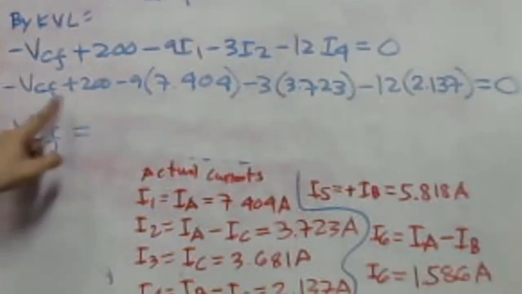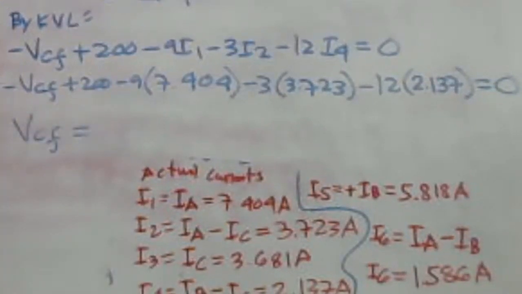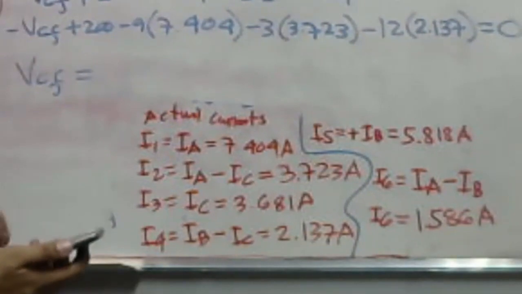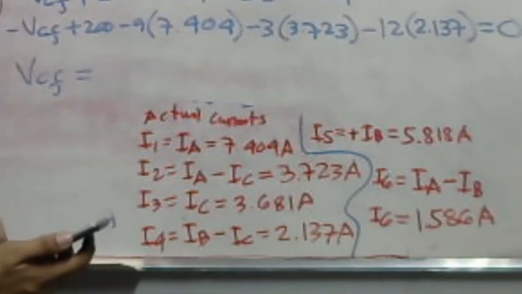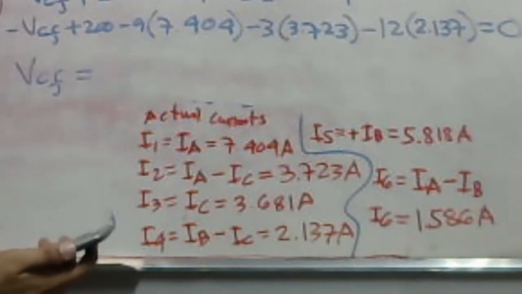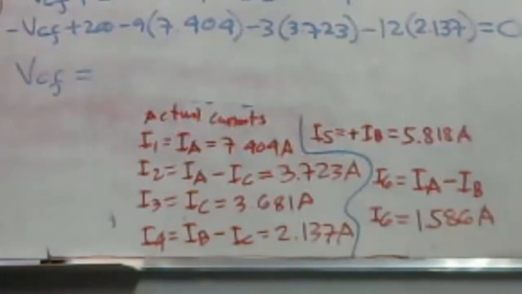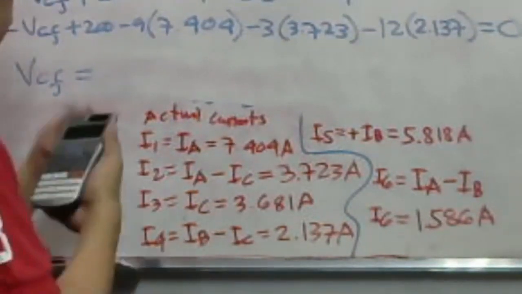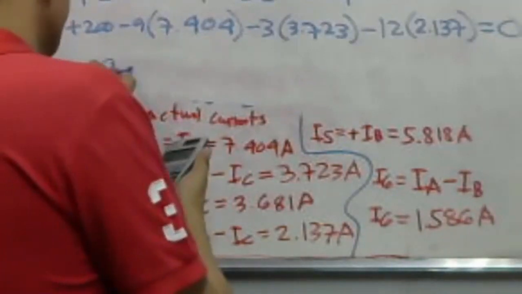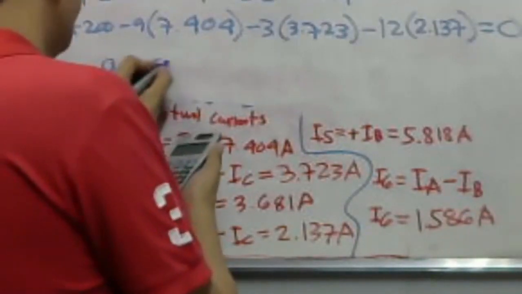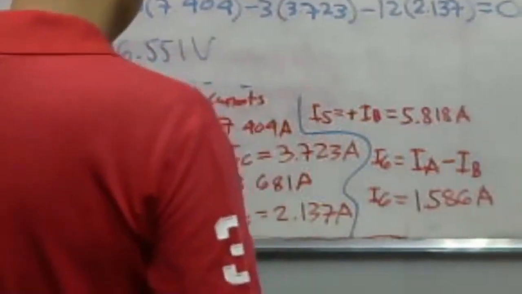Let us input 200 minus 9 times 7.404, then minus 3 times 3.723, then minus 12 times 2.137 equals. Well, the answer here is 96.551. You see, sir, you are wrong.